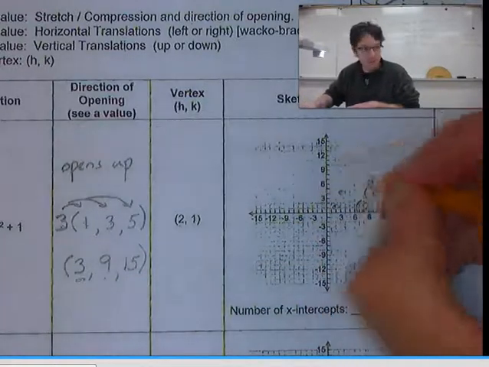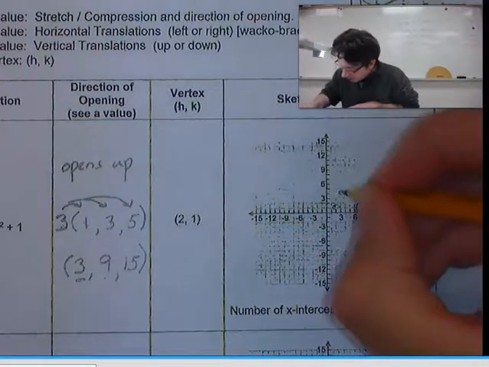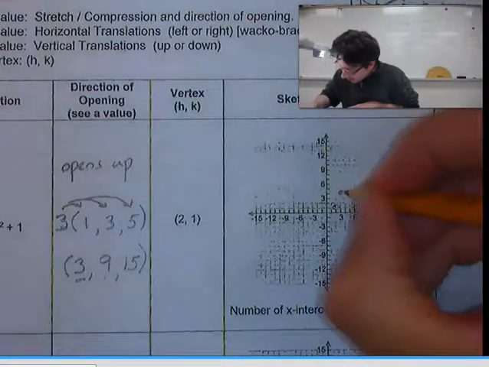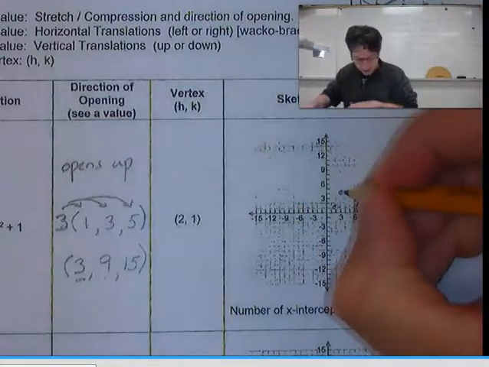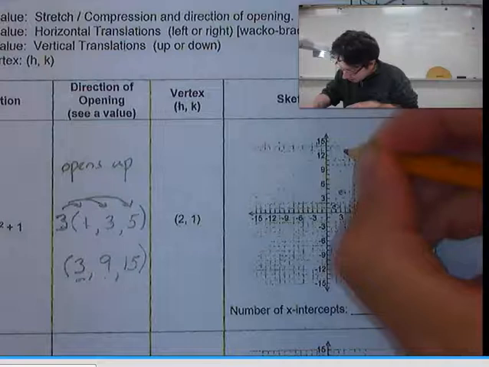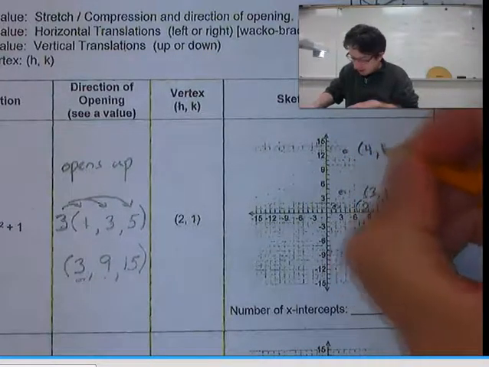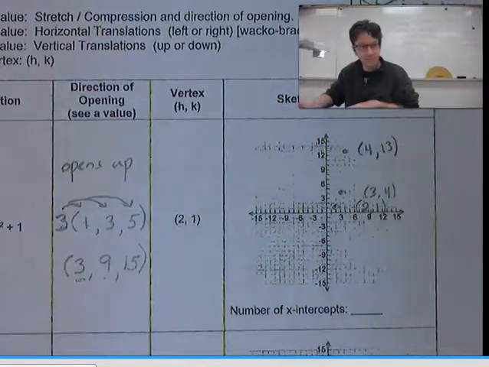So this isn't the greatest grid. It's sort of fading a bit. But sort of estimate you go over by 1, and then you go up by 9. All the way up. So you can count, if you like, somewhere up there, which would be the point 4 and 13. Okay.